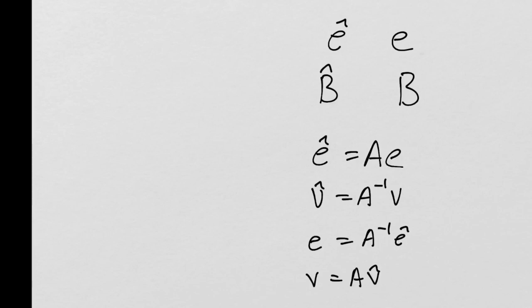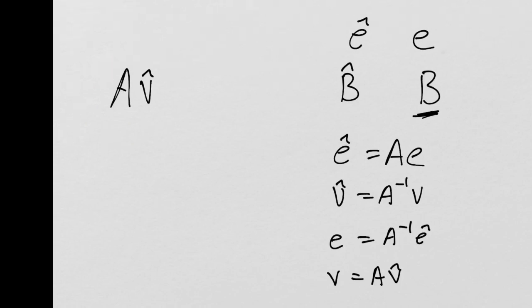So with these facts in mind, we presume that we know B, and we want to find out, how would we use B to operate on a vector that's in the hatted basis? Well, the first thing you do is you move the vector from the hatted basis to the unhatted basis. So I would take my hatted vector and operate by A, and this is, as we see here, in the unhatted basis. So with that, I just operate with B, because B is allowed to work in the unhatted basis.